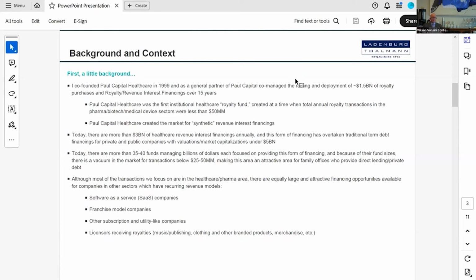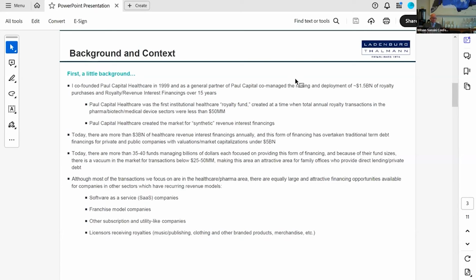Other subscription and utility-like companies, like many of us here today, I don't know if we have any options other than Con Ed to get our electricity, but companies that are utility-like or have subscriptions where there are very sticky relationships between the customer and the company, that form of financing is also very appropriate for them.